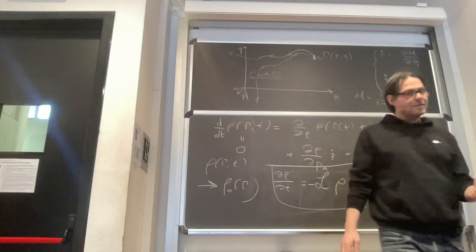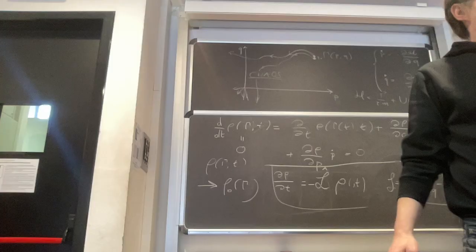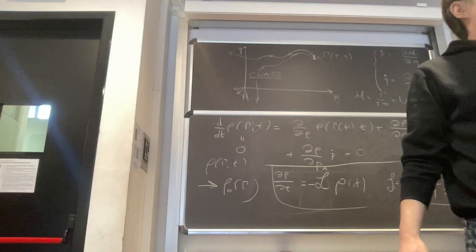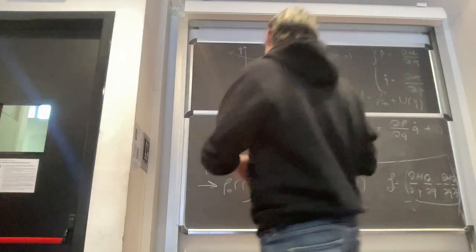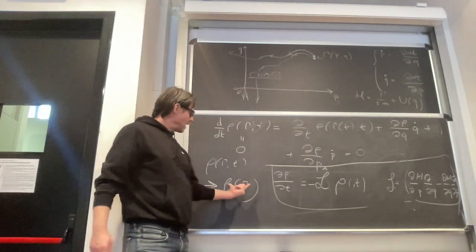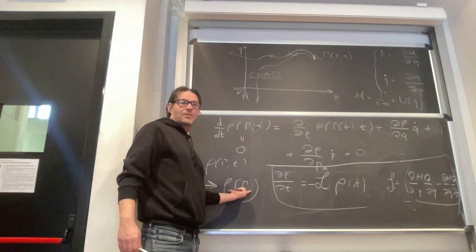So the result of averaging, the limit of time averages, I don't know the initial condition, can be compensated imagining that if I had averaged over many initial conditions, I would have generated a probability distribution in phase space.